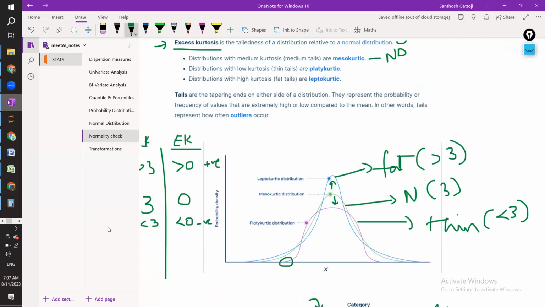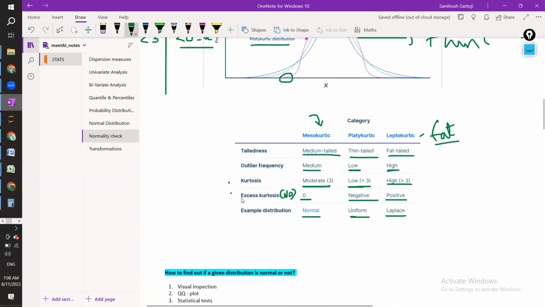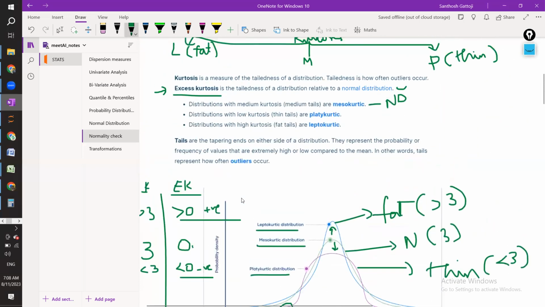Practically, if the kurtosis value is less than 0, you can consider it platykurtic. If it is greater than 0, positive, you can consider it leptokurtic. If it is around 0, even if not perfectly 0, say 0.11, it would be a mesokurtic distribution. So this is the overview of kurtosis.